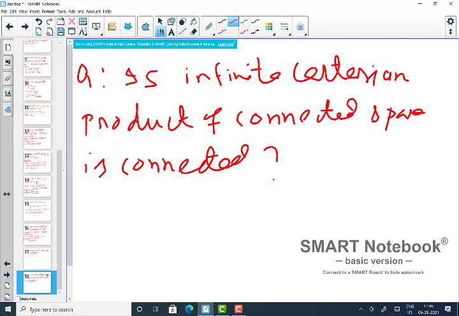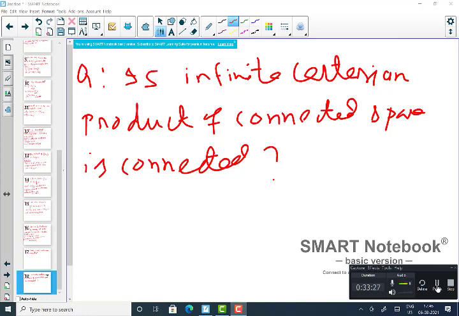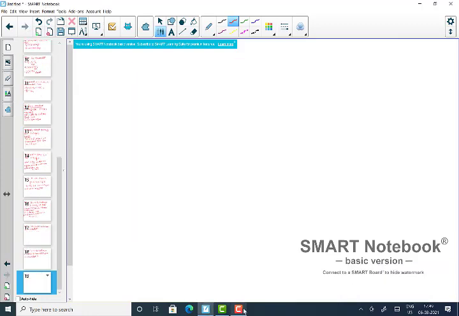Okay, so I will first give an example where it is connected. So here is the example.